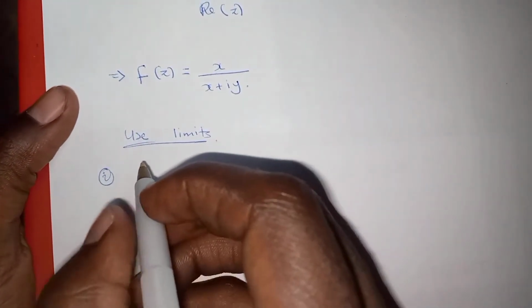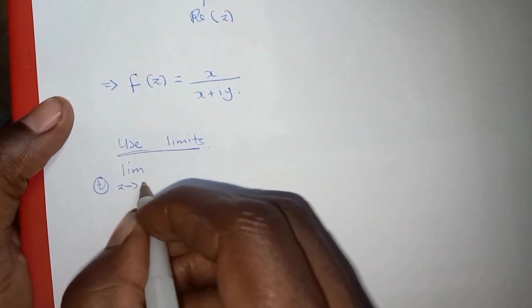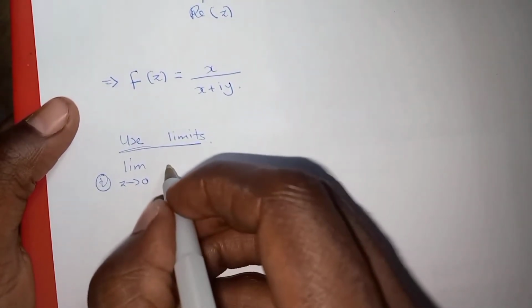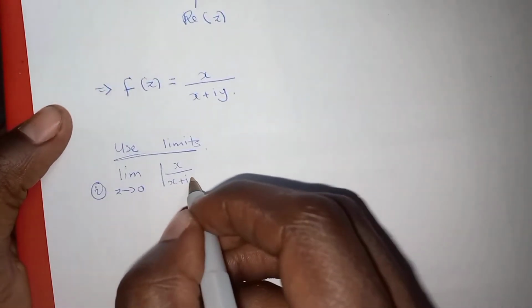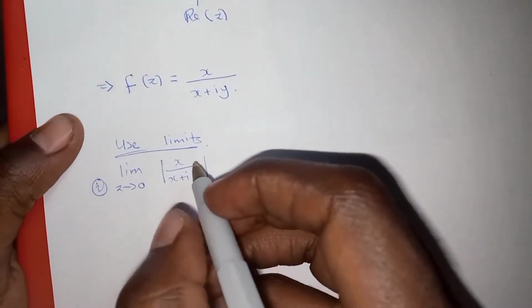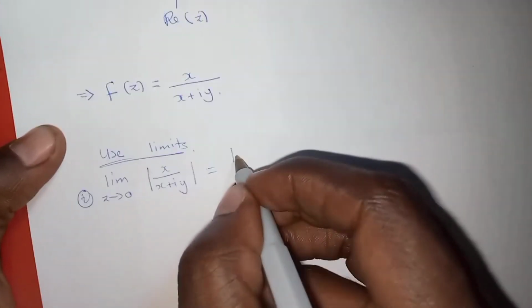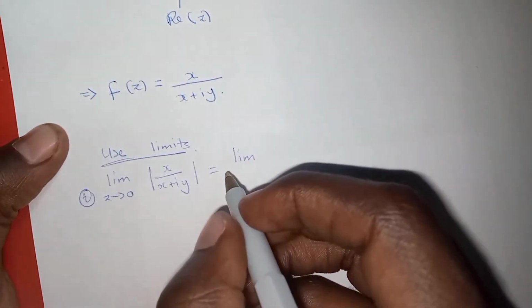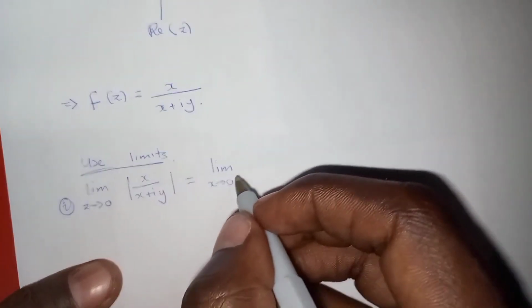So the first part here, we're going to approach the point 0 along the y-axis where x is actually 0. So we have the limit as z approaches 0 of x over x plus iy. So this should be equal to the limit of the function as x approaches 0.